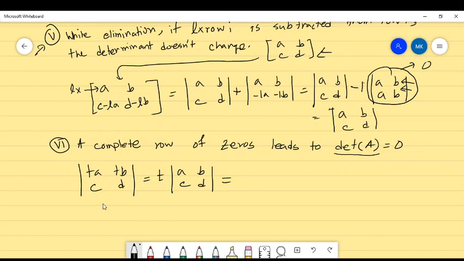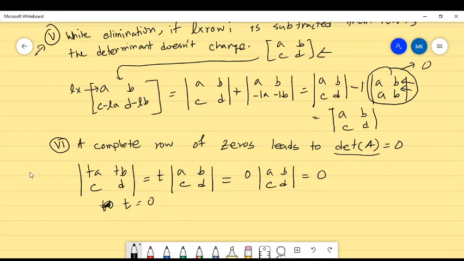So if you have T equals to 0, what would be the determinant of this matrix? The determinant of this matrix would be 0, right?